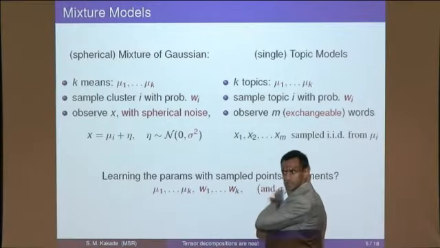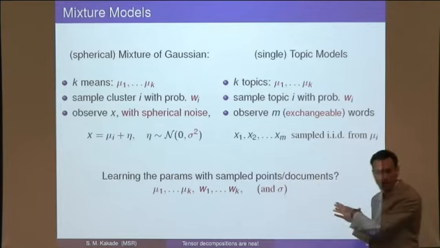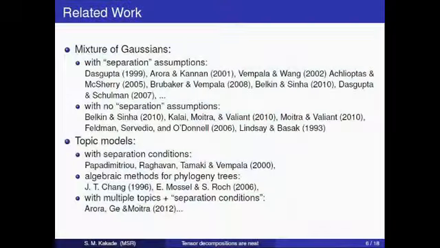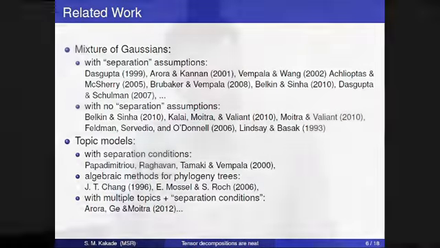Learning is, we have these sampled points. How do we figure things out? There's a lot of work that's been done on this. I'm not going to go through the details of all of this work, but there's really a ton of work from the theory and ML community trying to figure out how to learn mixtures of Gaussians, going back to a really nice paper by Dasgupta over a decade ago.